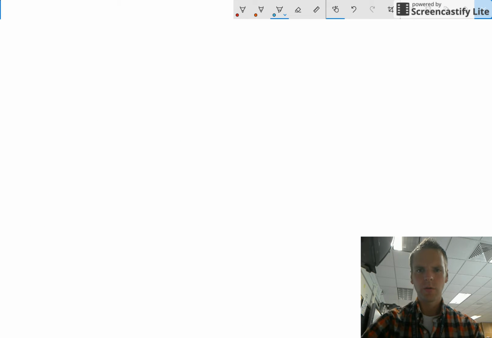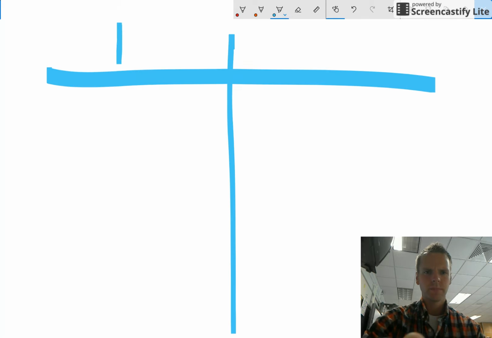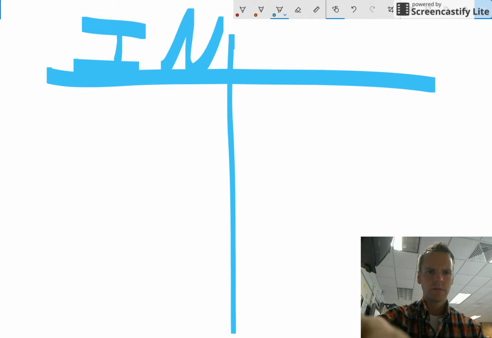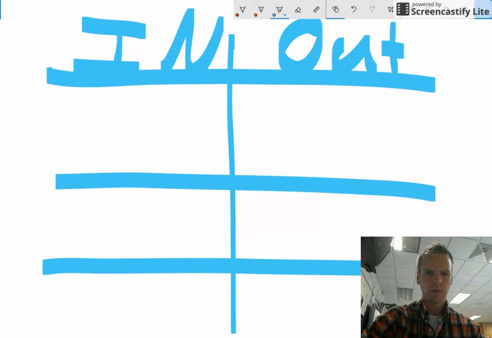Let's go and do one more example. So let's erase that, please, and do another T-chart. I label it in, out, and I'm going to do my 3 rows here.